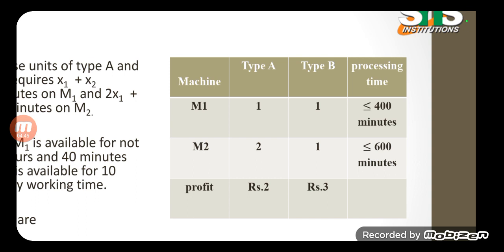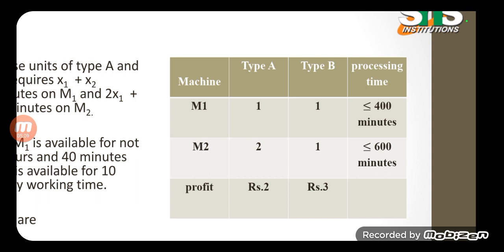So M1 for type A is 1, M1 for type B is 1, and therefore to produce these units of type A and product B, it requires x1 plus x2 processing time on M1 and 2x1 plus x2 processing on machine 2. So M2 for type A is 2, M2 for type B is 1.